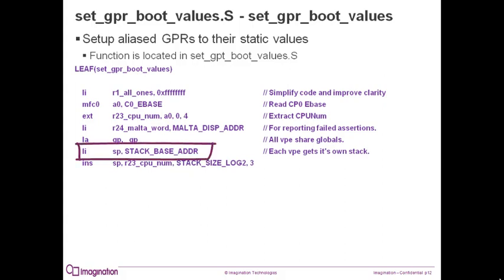In this case, the constant called stack base adder has been set by the programmer to a point in memory designated for use for the processor stacks. The MIPS API designates that register 29 be used to hold the stack pointer. The code first writes the stack base adder to GPR29, then manipulates it using the CPU number so each processing element will have its own stack.